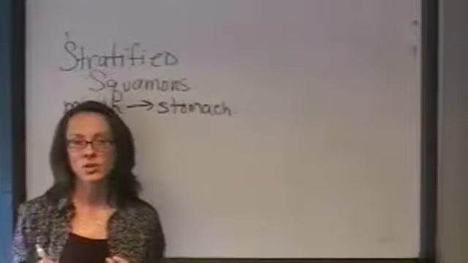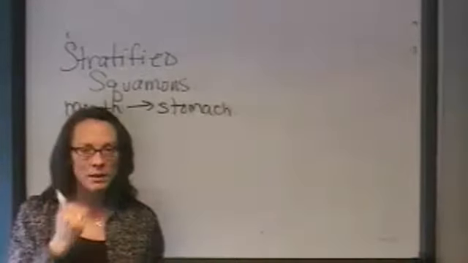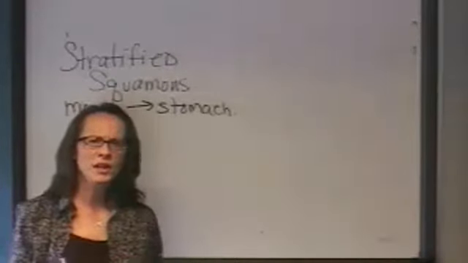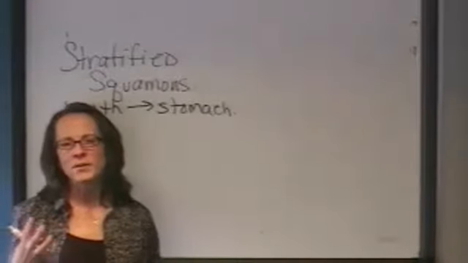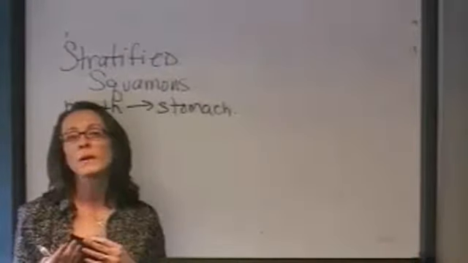Those are areas of high friction. Once you get down to the stomach, you have a little bit of friction because you have churning, but you also have a highly mitotic epithelium in the stomach, so it turns over pretty quickly.